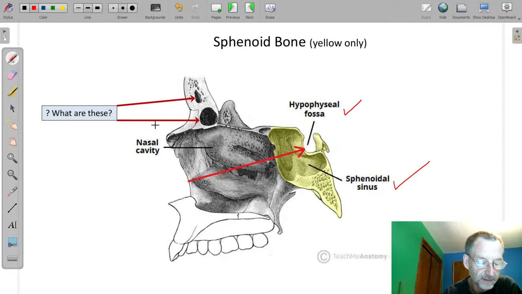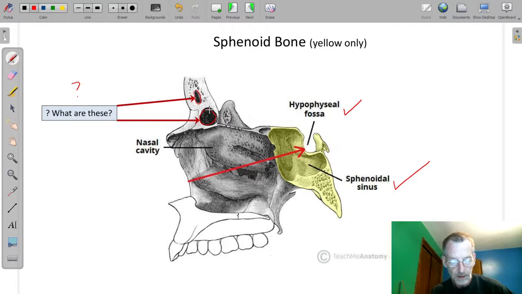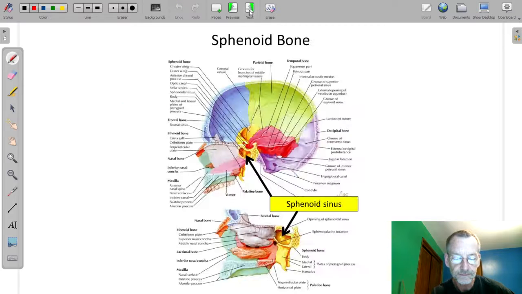And then this box is asking you what those little black structures are here. And you would take a look at that, study it for a moment, and say, oh yeah, those are the frontal sinuses of the frontal bone. Okay, next slide. More of the same.